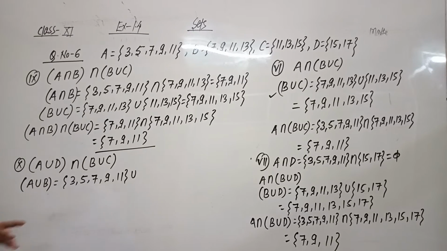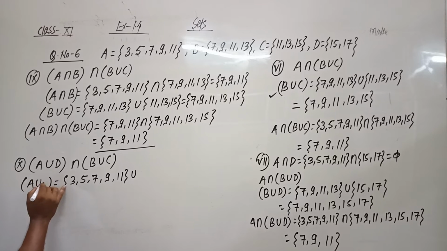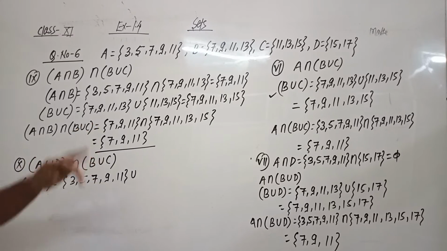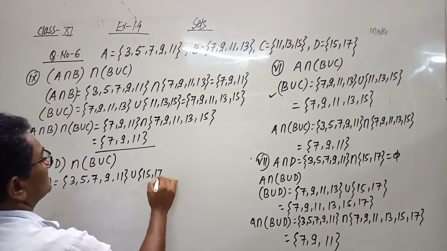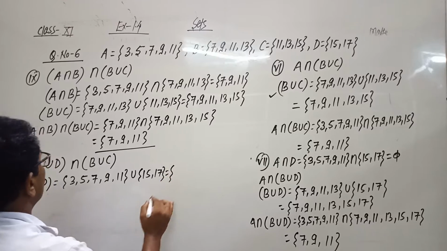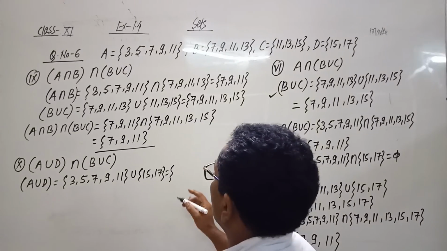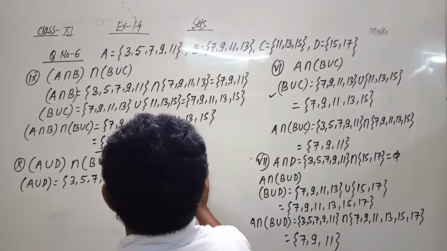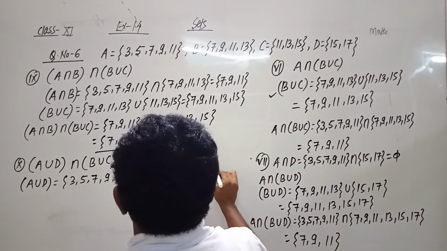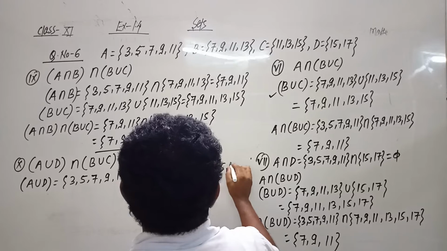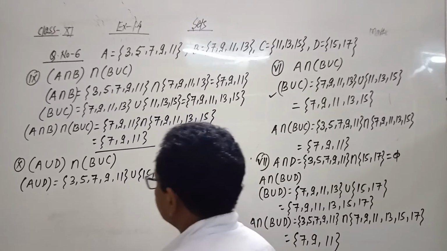The set D is 15 and 17. So A union D becomes 3, 5, 7, 9, 11, 15 and 17.